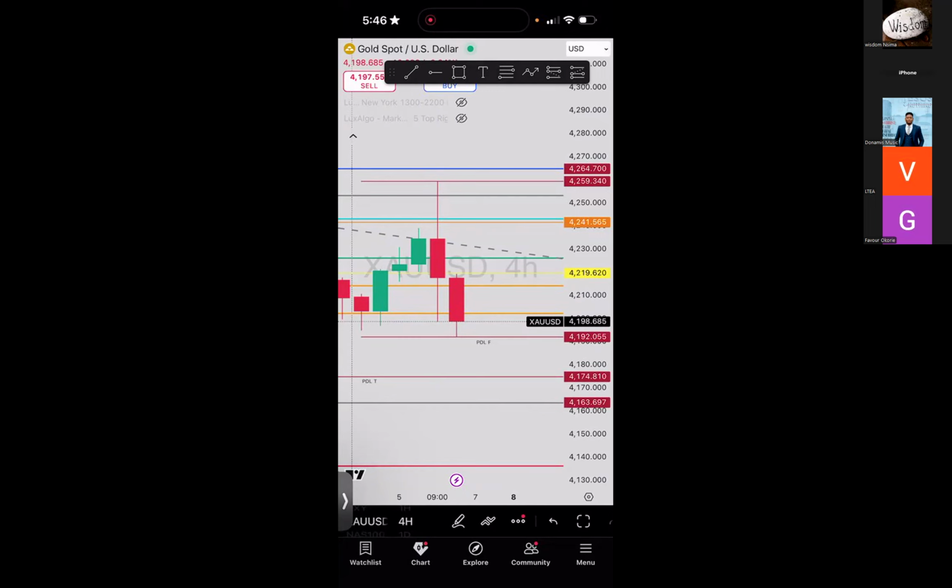Do you understand? It's like saying, if it gives me confirmation before it gets to the premium, or even it has not gotten to the discount level and it gives me confirmation, you keep on selling.